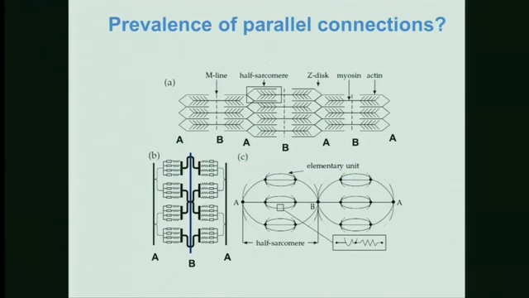Now, in fact, it may be dangerous to view this system as just a series connection of half sarcomeres. As you see, this is just an attempt to unfold the topology that's behind this network. There are different stages. You can rewrite it like this by keeping these M lines and Z disks, which are passive cross-linkers.